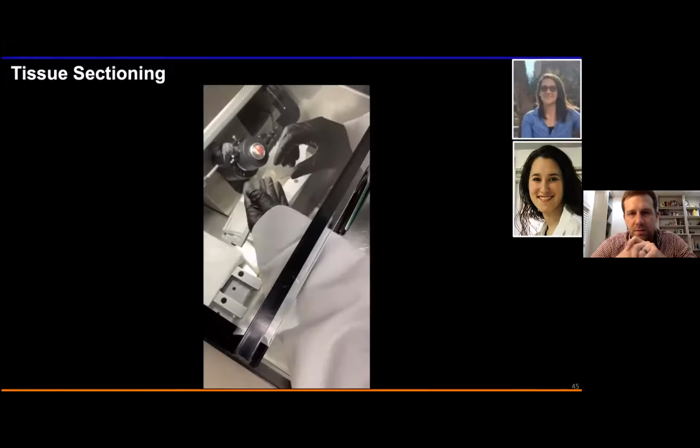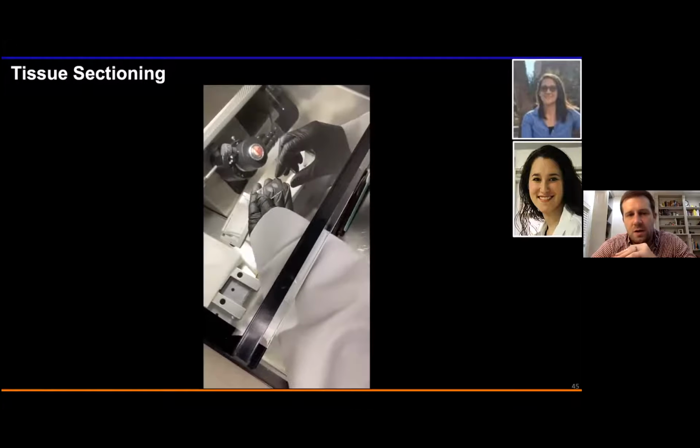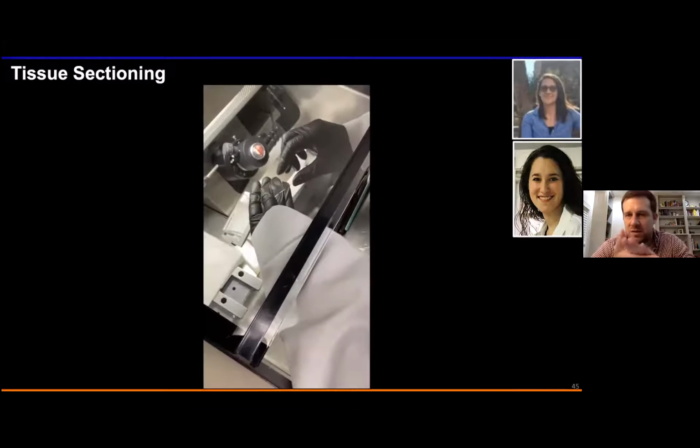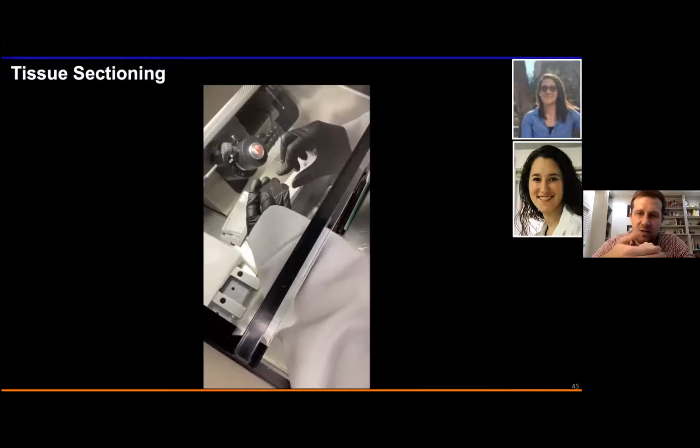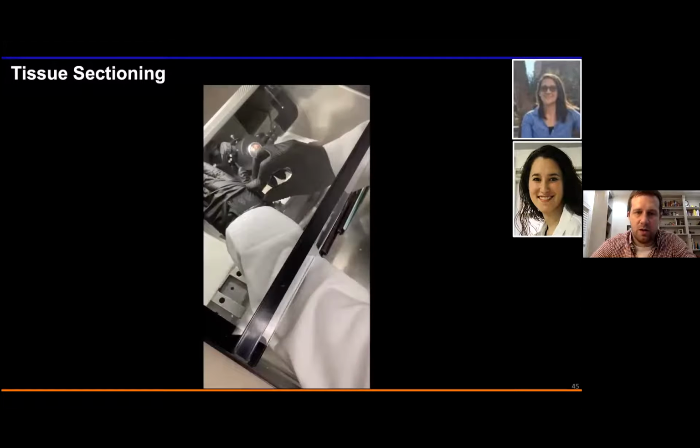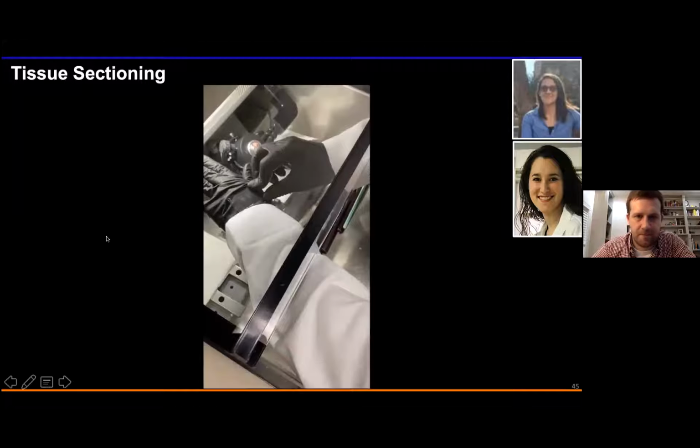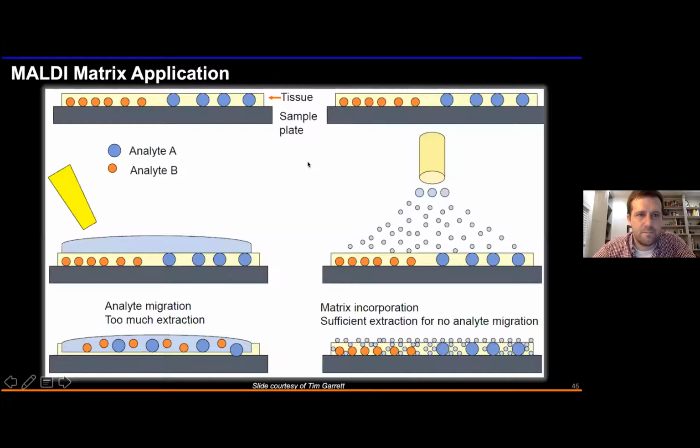So she's picked it up, and then we perform a thaw mounting procedure where we essentially warm the back of the slide with our hand, and that ensures that the tissue adheres well to the slide. Okay, so that's how we acquire and section the tissues.